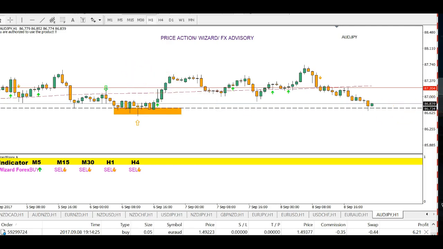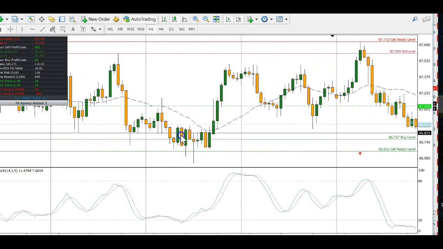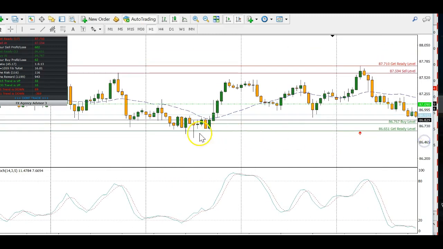So I'll switch over to the FX Advisory Indicator, and this is the area that I was just discussing. Notice the stochastics is oversold, and the advisory indicator is giving us a buy signal.